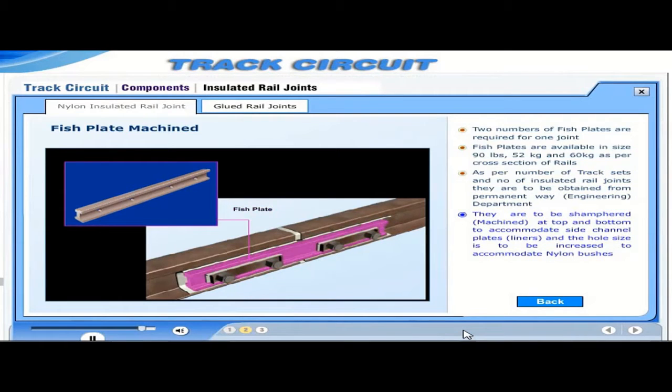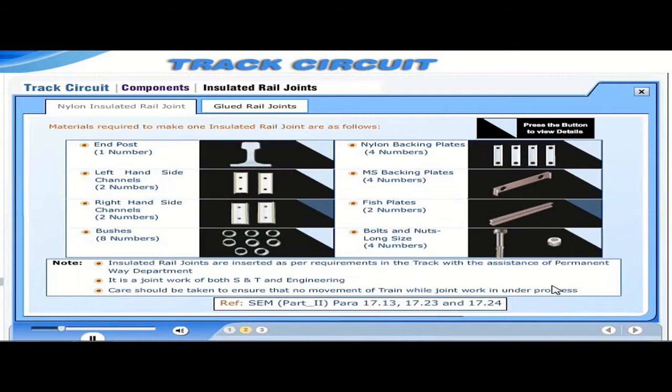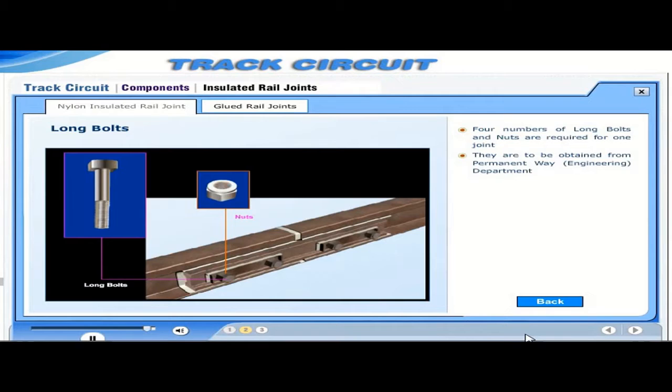They are to be chamfered, machined at top and bottom to accommodate side channel plates, liners, and the hole size is to be increased to accommodate nylon bushes. Long bolts. 4 long bolts and nuts are required for one joint. They are to be obtained from the Permanent Way Engineering Department.